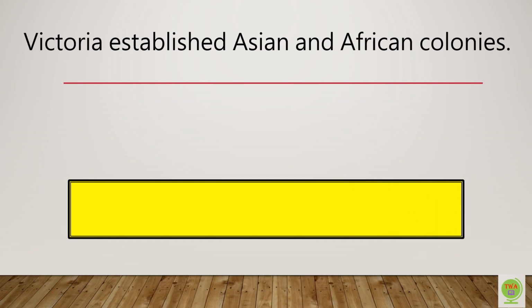Okay, if your answer is proper adjectives, you are correct because our words here are Asian and African. Obviously, these words are derived from the proper nouns Asia and Africa. Okay, let's go to the next question.